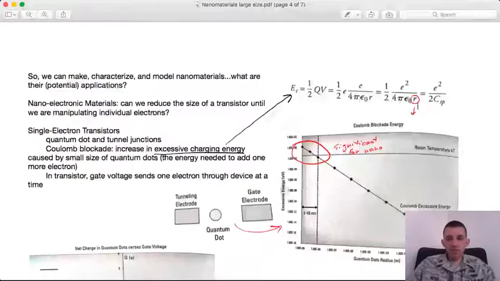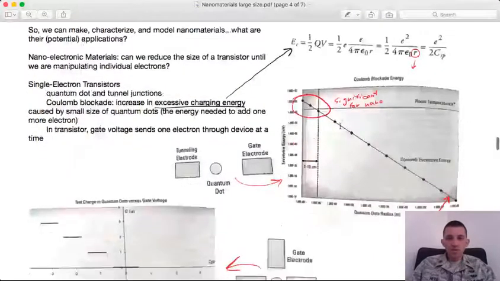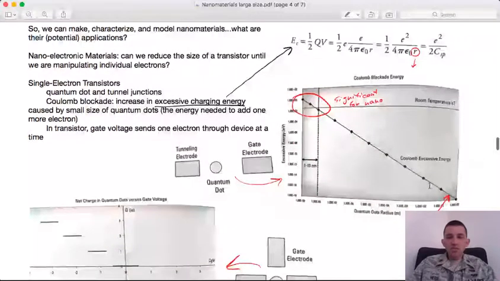We see it's divided by r, so we have this linear relationship between this excess energy and the radius. And like we saw before, as the size of that transistor region gets smaller, the excess energy increases.